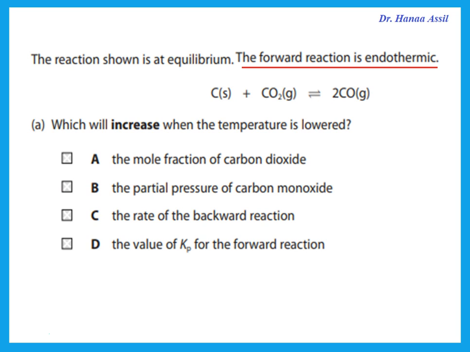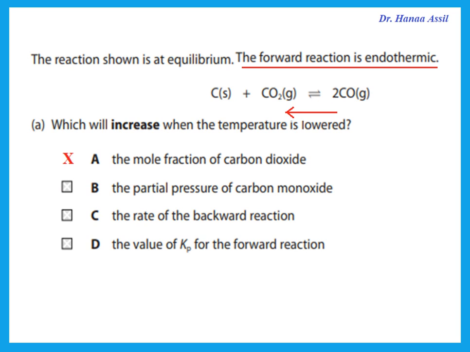We said if I increase the temperature, it goes endo. So if I increase, it will go forward here. But I'm decreasing the temperature, so it goes backward. So what will increase? If it goes backward, it gives more what? It gives more carbon dioxide. So the mole fraction of carbon dioxide will increase.